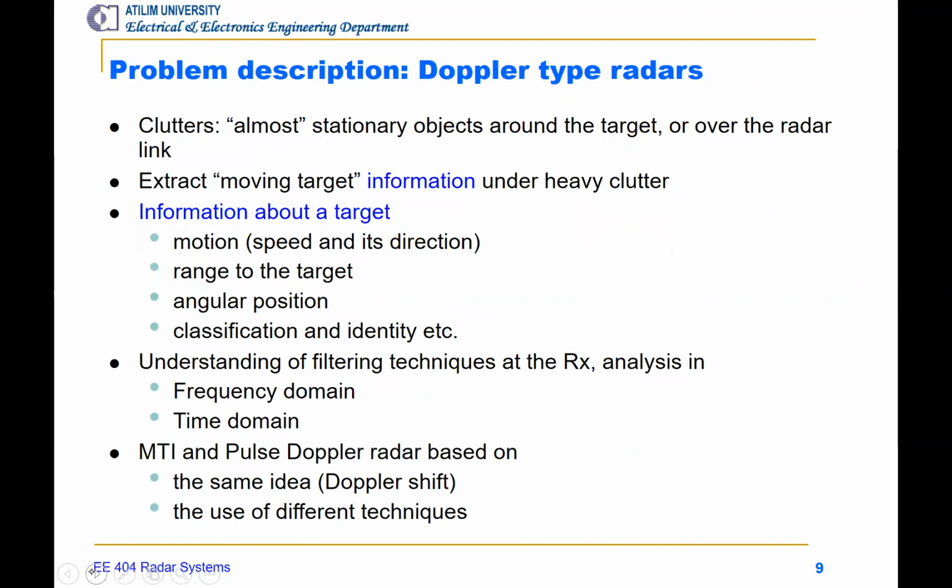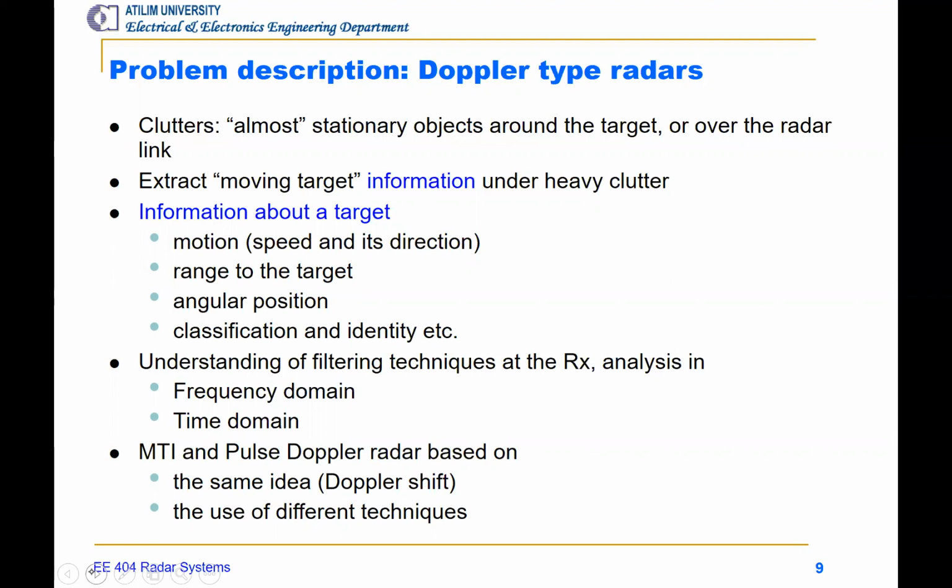Okay, what's clutter? Let's talk about this clutter concept. In most applications, we have many objects over the link or around the link and around the target that we want to detect. All such objects over the link or around the target are simply called clutter.